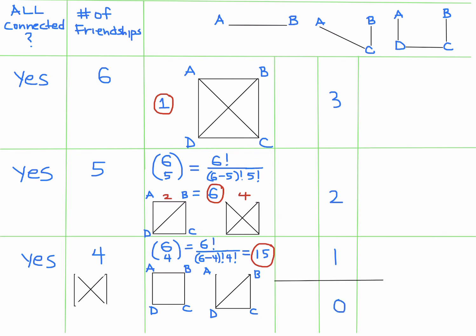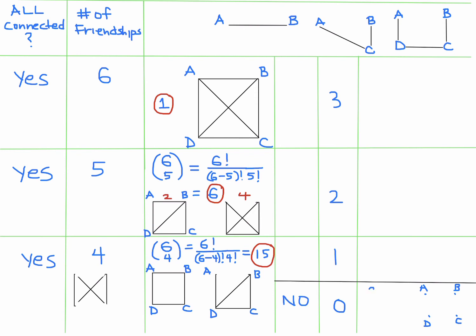Those are my possibilities. Well, with 0, what that means is that basically you have just 4 dots, A, B, C, and D, and there's no sticks. Like that. No sticks. So are they connected? Well, definitely not, right?